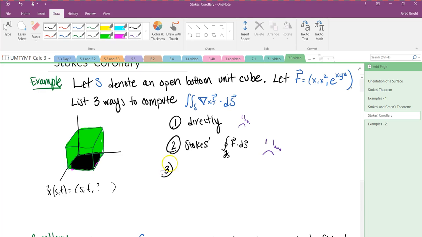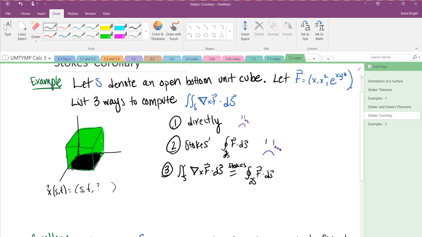The third way involves a little bit of cleverness. If we look at the vector surface integral of f dot ds, we can use Stokes' theorem to say that this is the same as the vector line integral over the boundary of f dot ds.